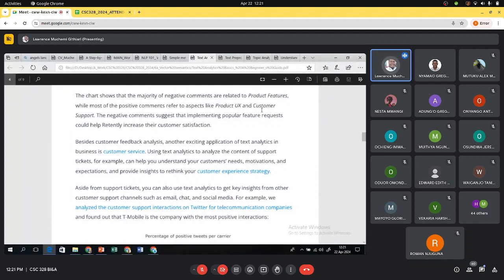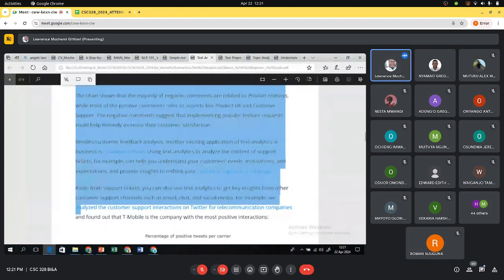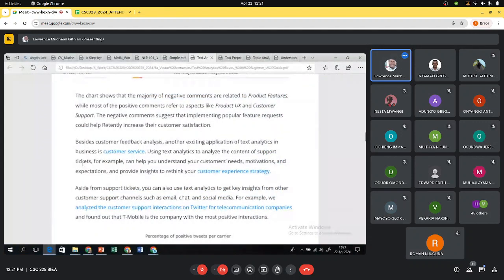So here they are just talking about customer service. You're having a deep reflection of your customer service. For example, they're talking of how you can analyze the tickets. So I hope you know what tickets are. This is what customers book with if they want a service.